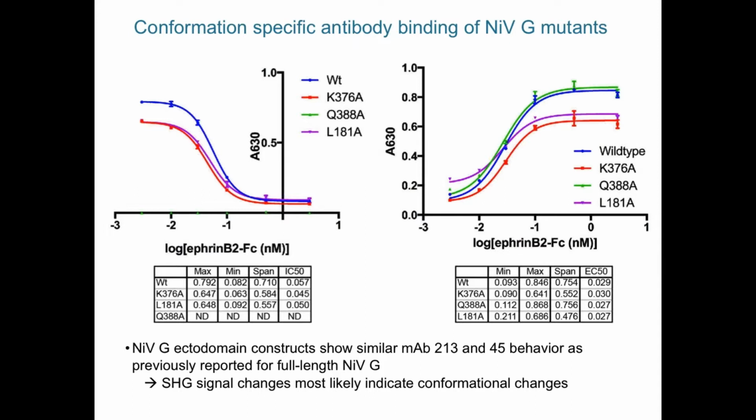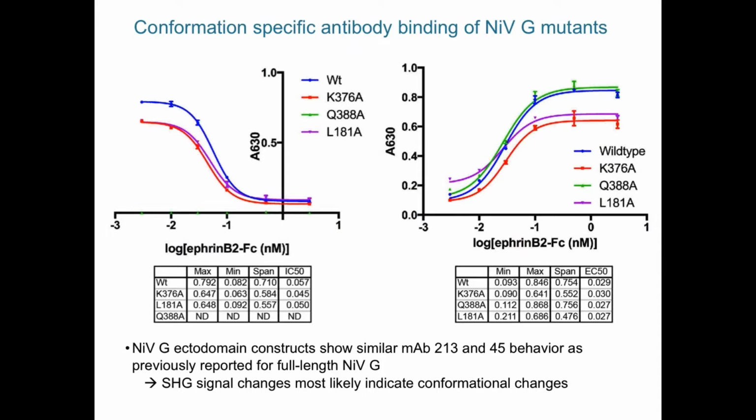Also, there is a less drastic change in MAB45 binding with increasing FNB2 concentration. So mutants that were different from wild type in the shape of their MAB binding curve also have differences in SHG signal. There is one exception, Q388A.